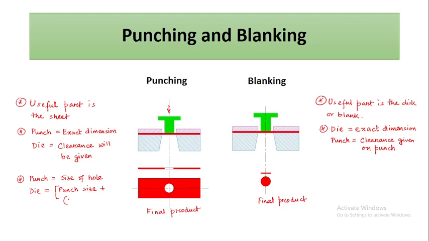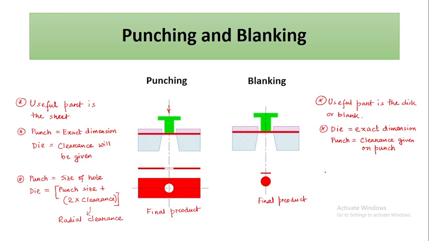So as we have to put the clearance on both sides, we can write it as 2 into clearance. And this clearance is basically the radial clearance.